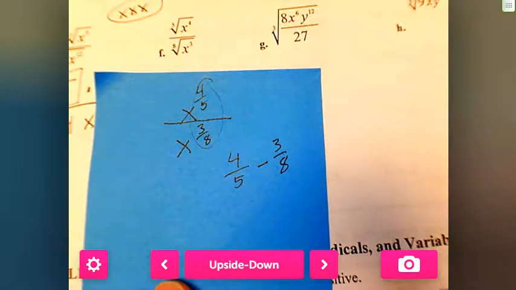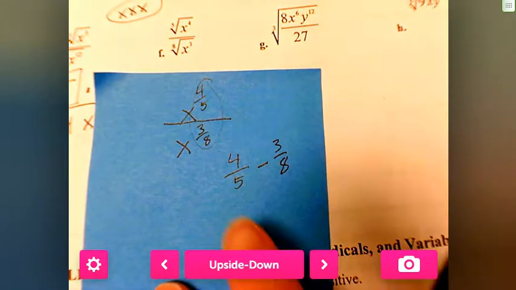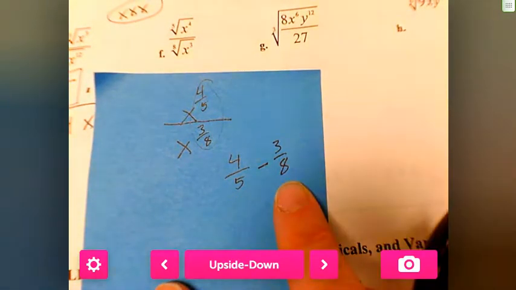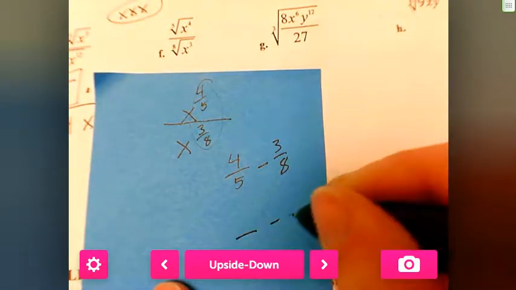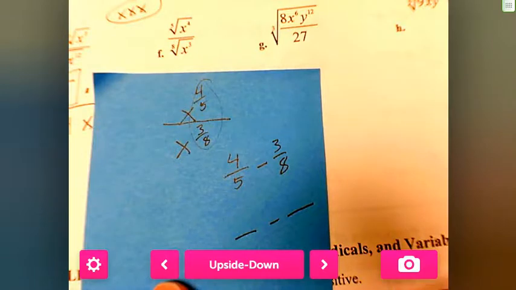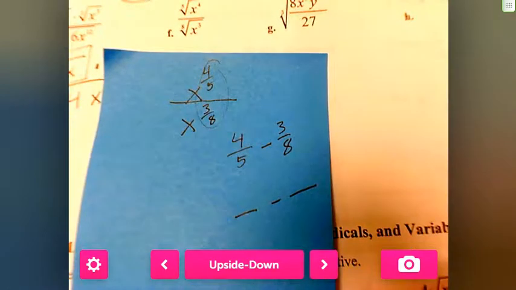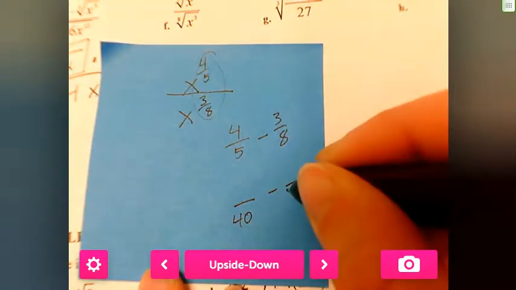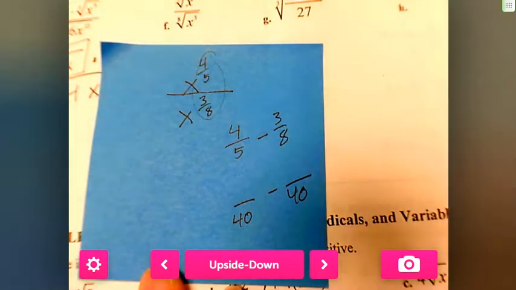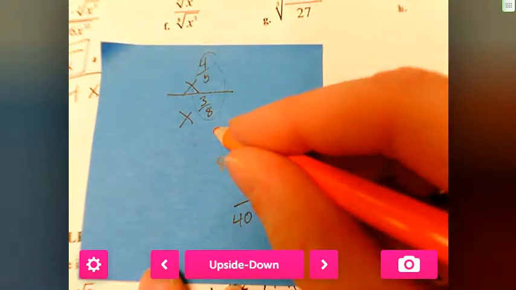You guys remember with fractions, the bottoms have to be the same? So what does 5 and 8 both go into evenly? If you can't think of a great number, just multiply them together. What's 5 times 8? 40. So I know this is by 5, so I'm going to have to multiply this by 8.